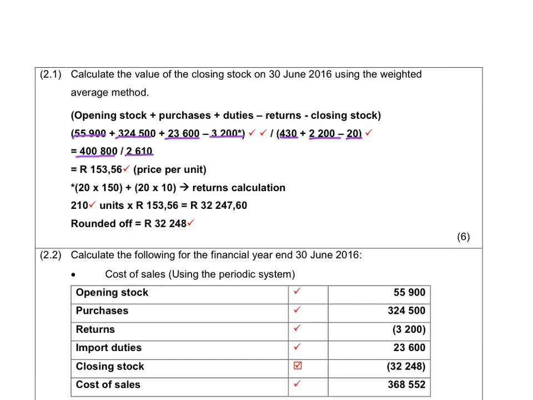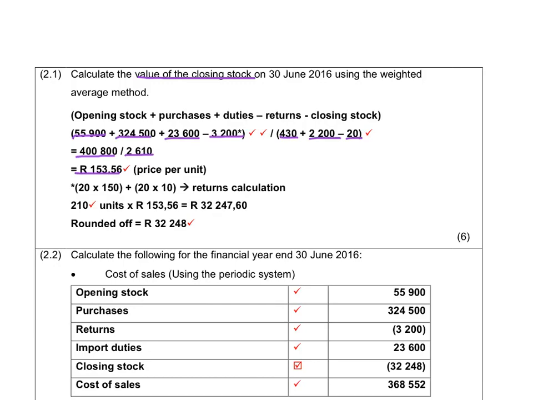If we divide the units in the total cost, it will give us an average price per unit. Okay, we have to calculate what is the value of our closing stock in this question. You cannot calculate the value before you do this calculation to determine what is the average price.